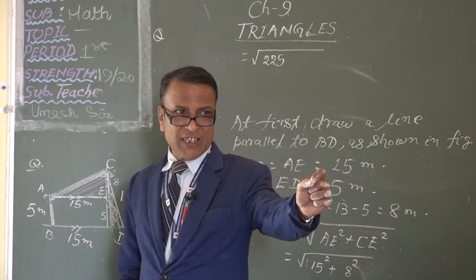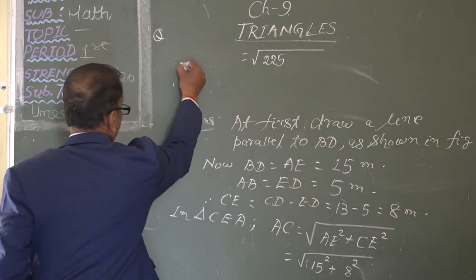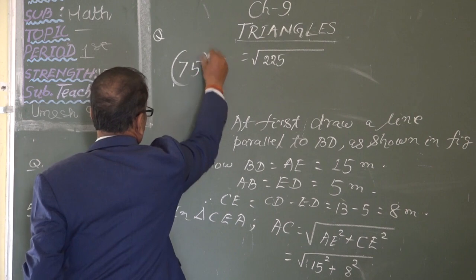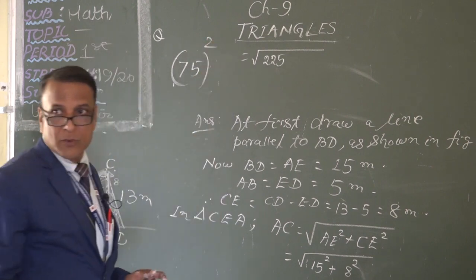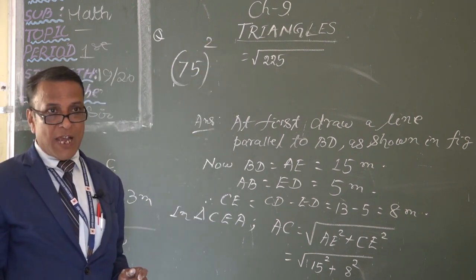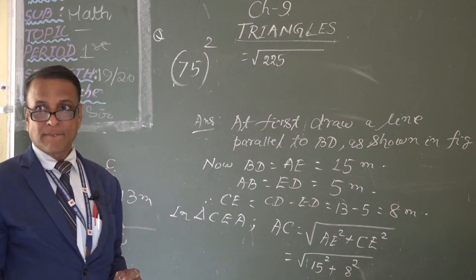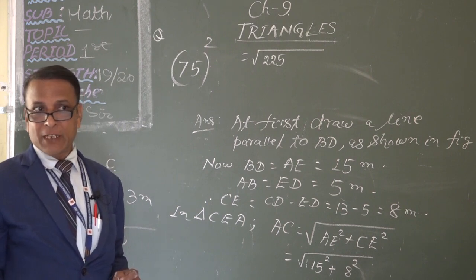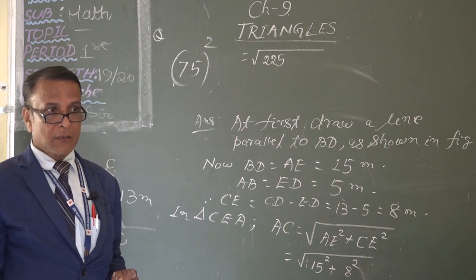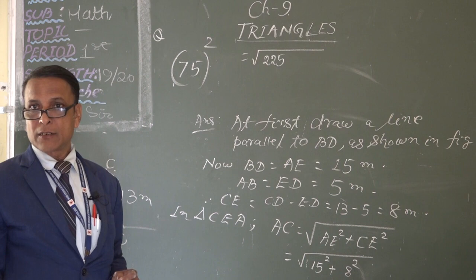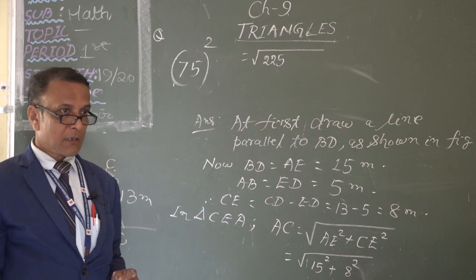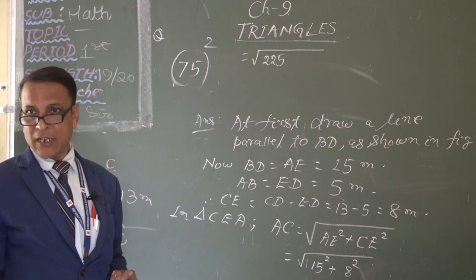Just a little moment, I am just taking your time. Who can say me what is the square of 75? 75 square, how much? Who can say? I have not said in your class.